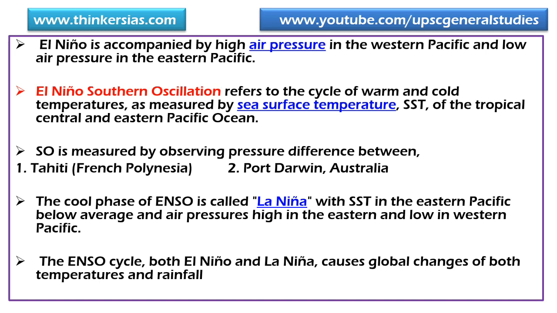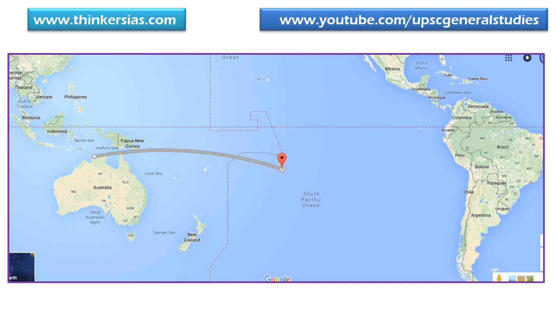Let's discuss El Nino Southern Oscillation. It refers to the cycle of warm and cold temperatures as measured by sea surface temperature of the tropical central and eastern Pacific Ocean. Here, sea surface temperature is measured in the western Pacific Ocean and central Pacific Ocean.